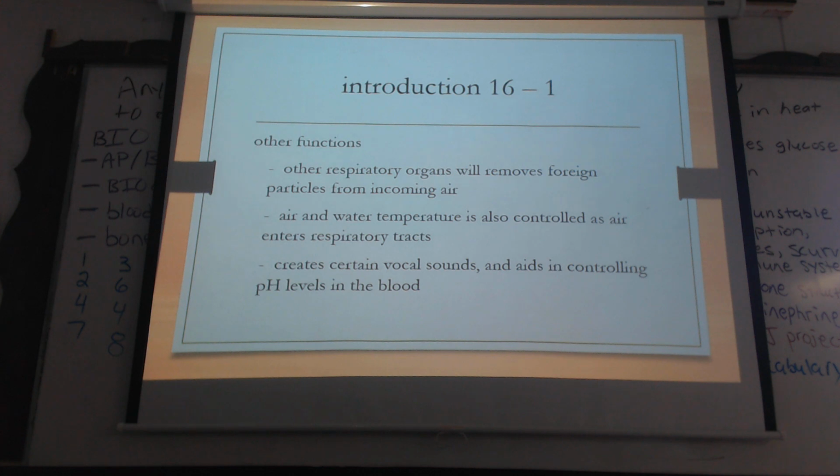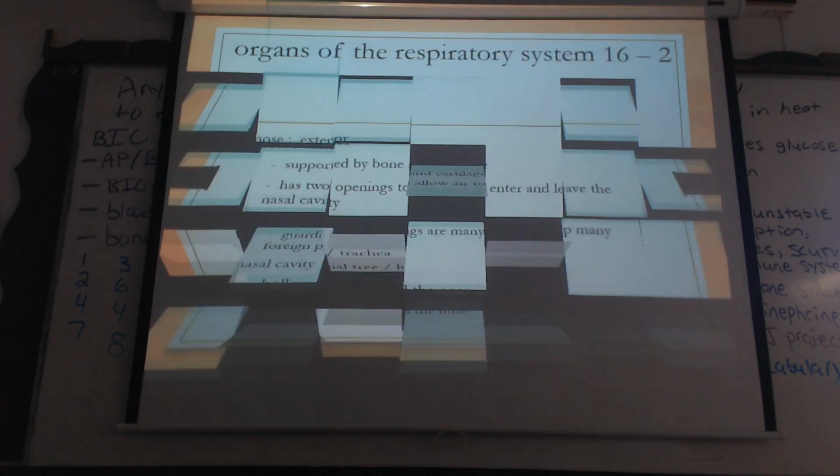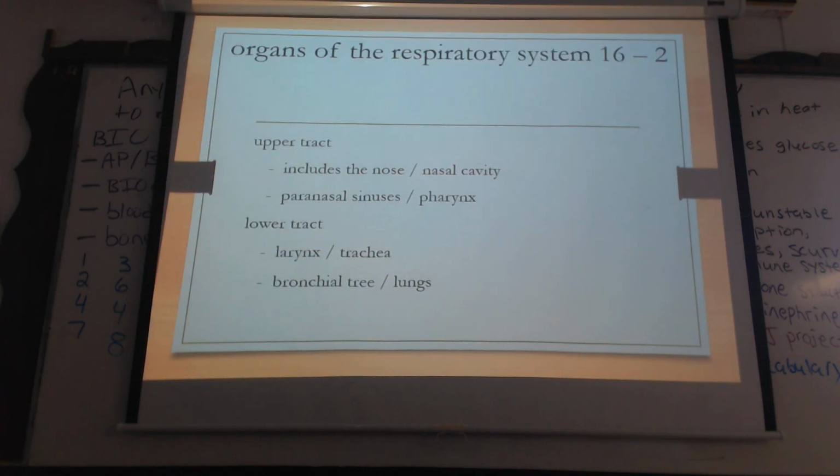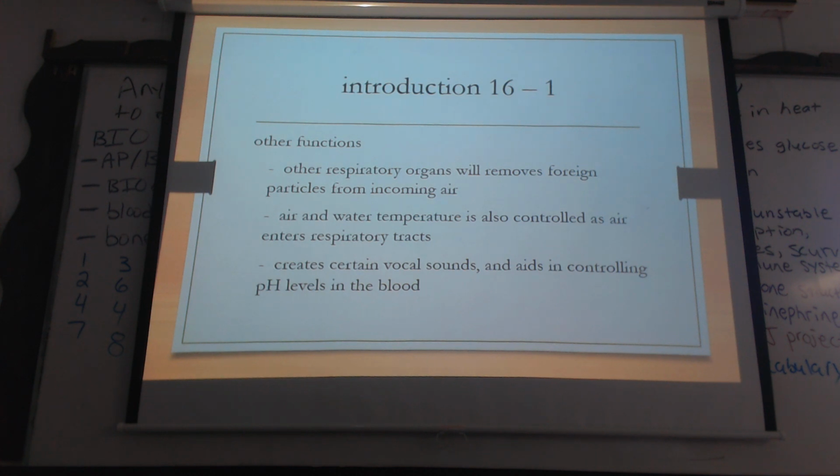And you can see there's an upper tract and a lower tract. Now, the reason we would say that is, anatomically speaking, you can't see the lower tract of your respiratory system, but you can see the upper tract. Does anyone want to take a guess why that would be?